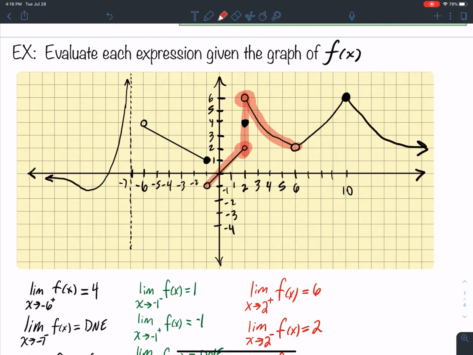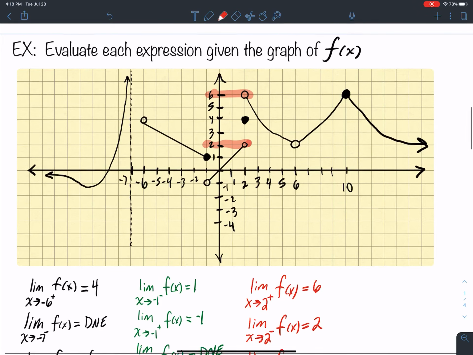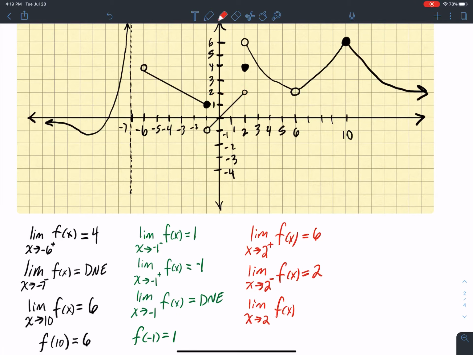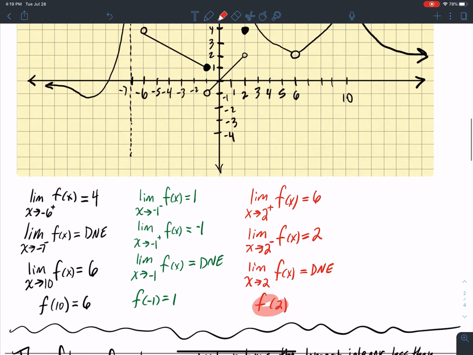So there's this jump between the left and the right hand limit. One is 6 and one is 2, right? So what does that tell me? That tells me that the limit as x approaches 2 of the function does not exist.